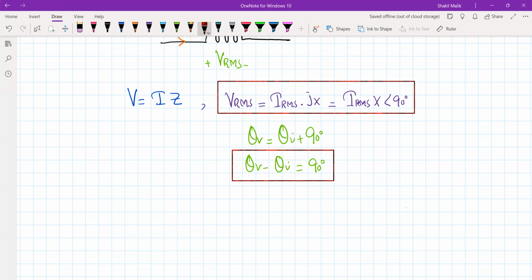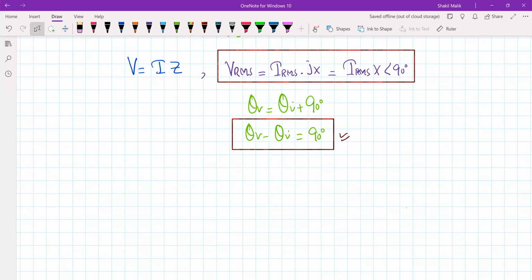Usually we talk in terms of current, so current lags the voltage by 90 degrees. From this, theta I is simply theta V minus 90 degrees.